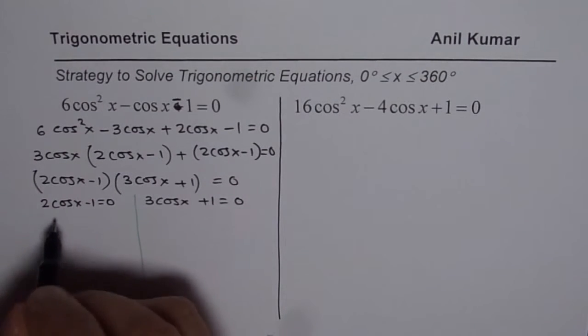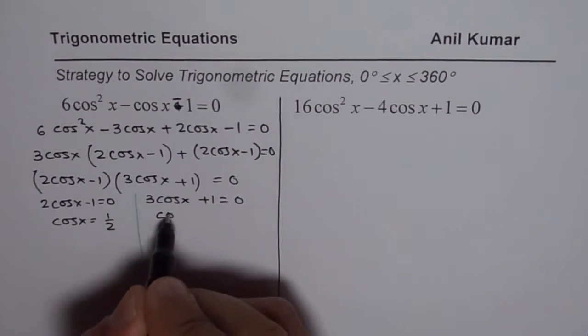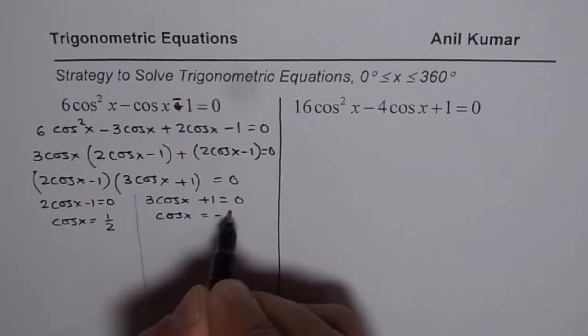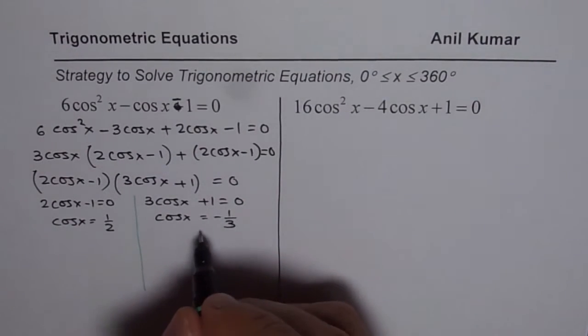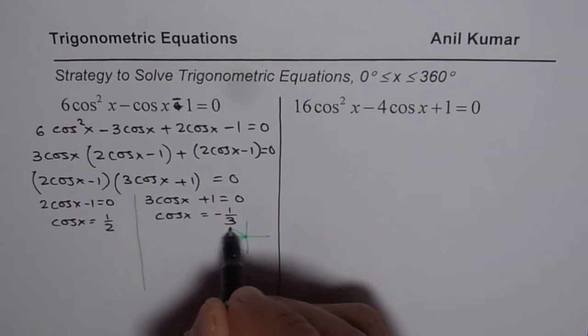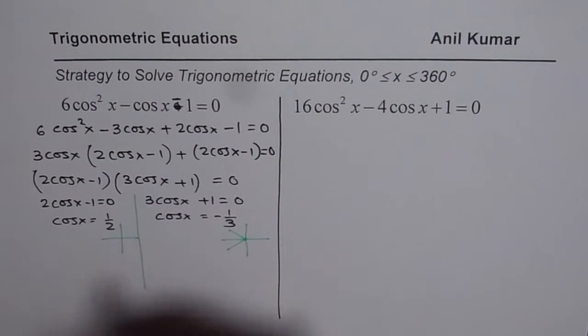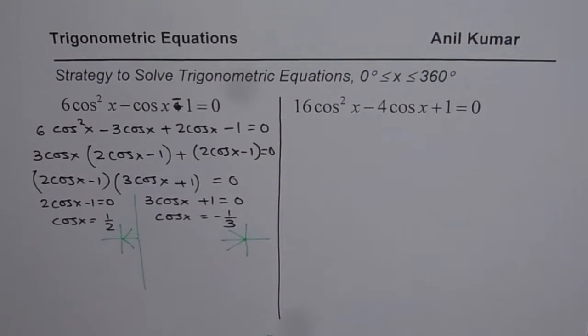Now here the solution is that cos x is equals to half, and here the solution is cos x equals to minus 1 over 3. Now cosine is negative in quadrants 2 and 3, whereas it is positive in quadrant 1 and in 4, right? So we'll find the acute angle for both and then find all the possible solutions.